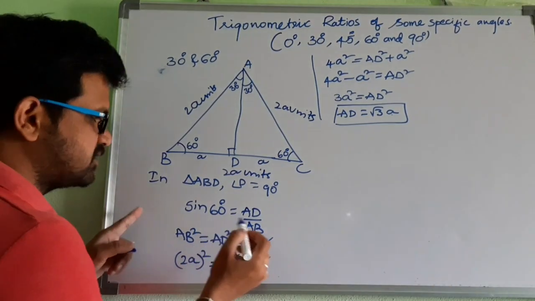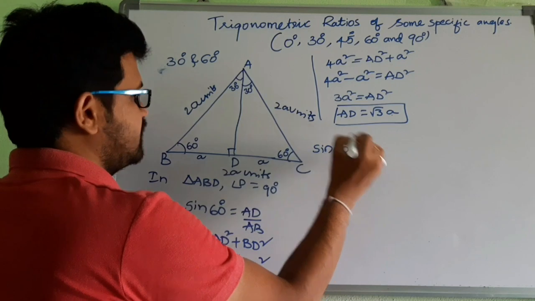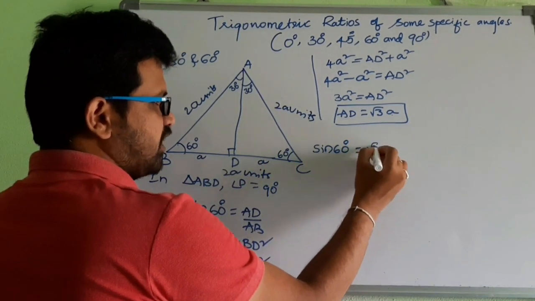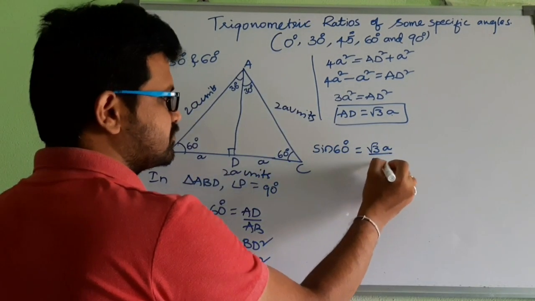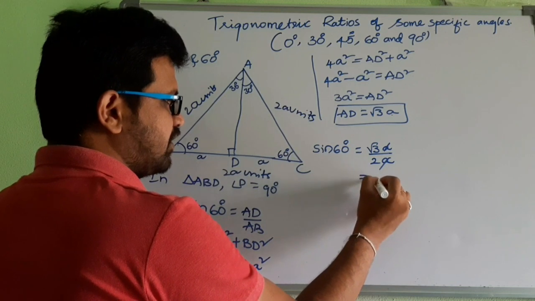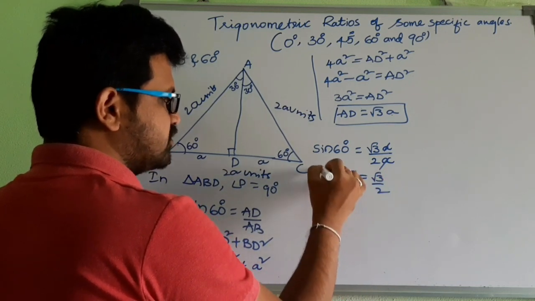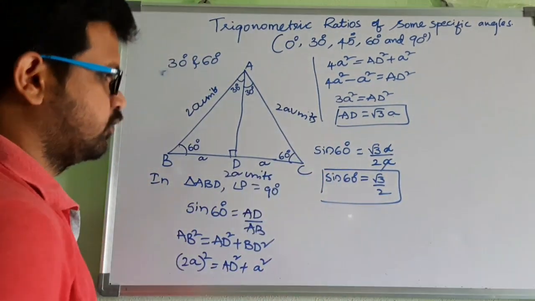Now substitute in this. Sine 60 degrees is equal to AD, and AD is root 3a, by AB, which is 2a. The a's get cancelled, we get root 3 by 2. Sine 60 degrees value is root 3 by 2.